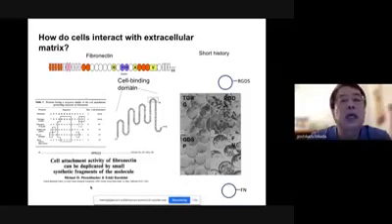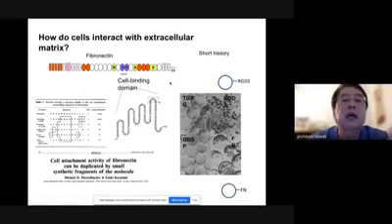Shown here is a Nature paper by Pierschbacher and Ruoslahti. This is a fibronectin molecule, a very big molecule of 200 kilodaltons. It's a dimer, with 200 kilodaltons here and one more chain here, altogether 400 kilodaltons, a huge protein.